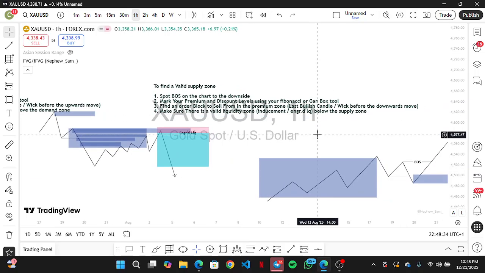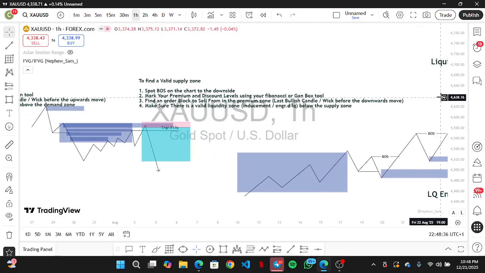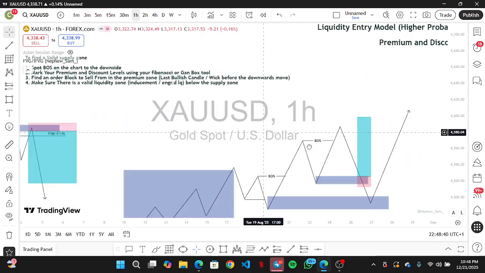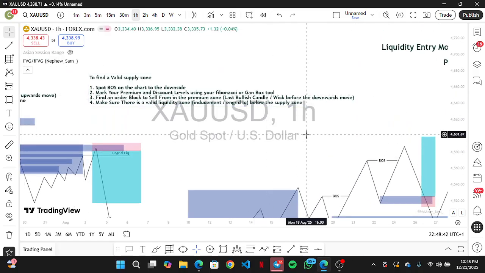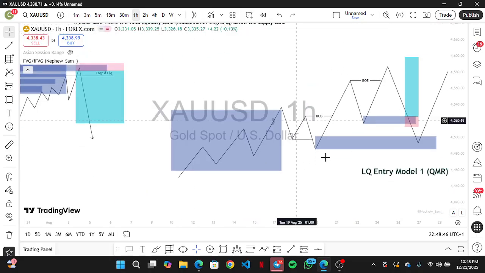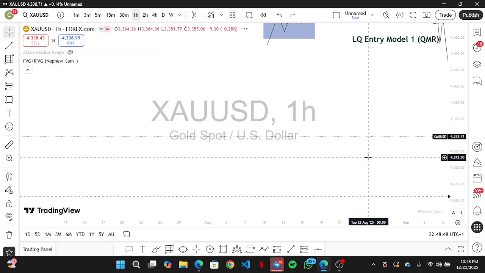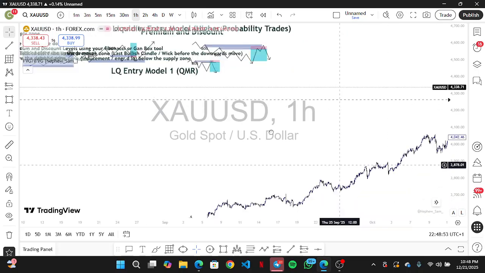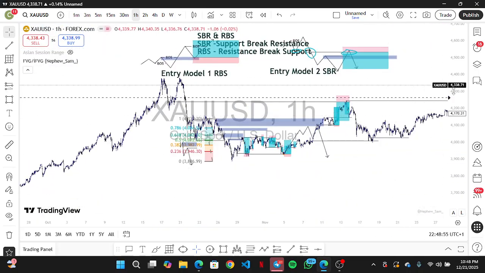I have an OB criteria note set on my iOS notes. So I know how to mark out different OBs. I probably should get a certificate for marking out OBs, because I've really worked on it very much. So I always get refined and good entries, bro.